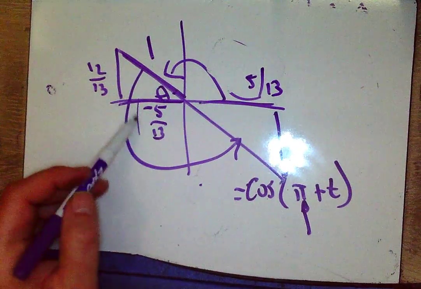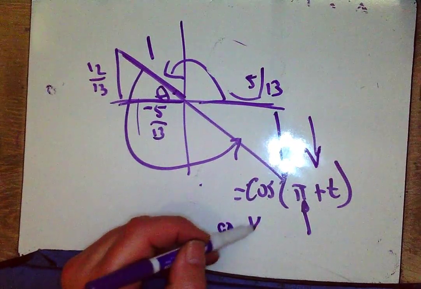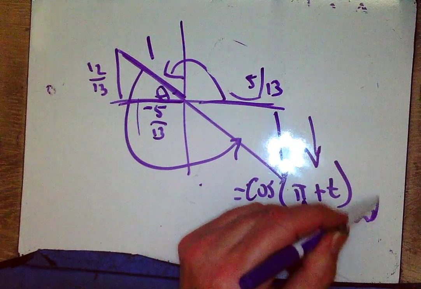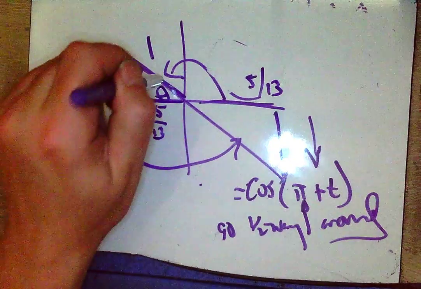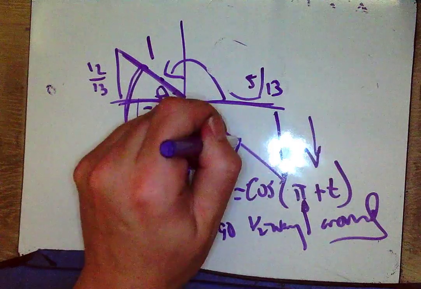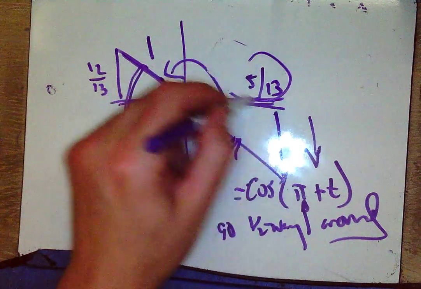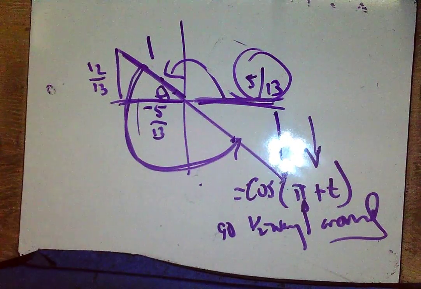So all this is saying go halfway around the unit circle. I am here. I add half the unit circle. Now I'm here, and I see that that will be positive. Okay. I think we'll leave it there for now.